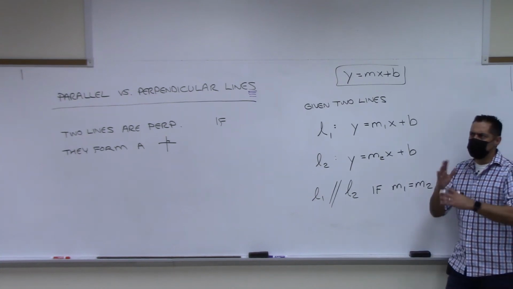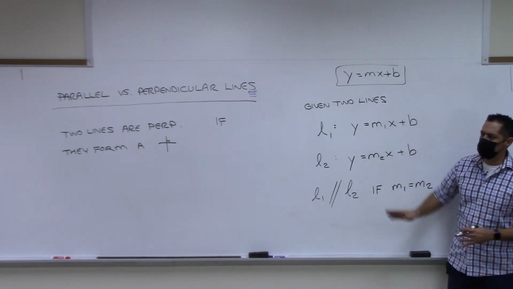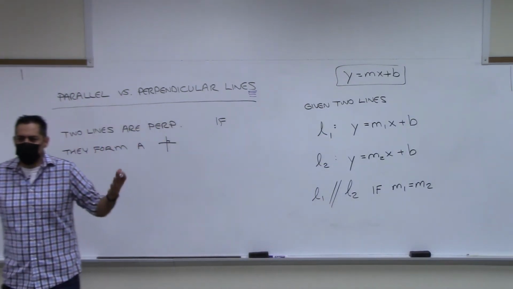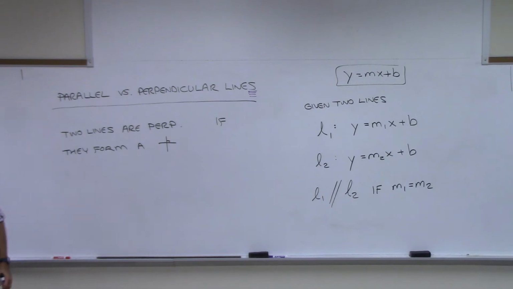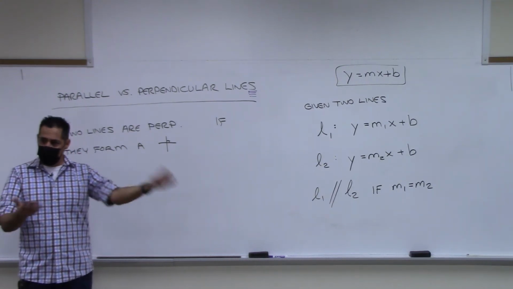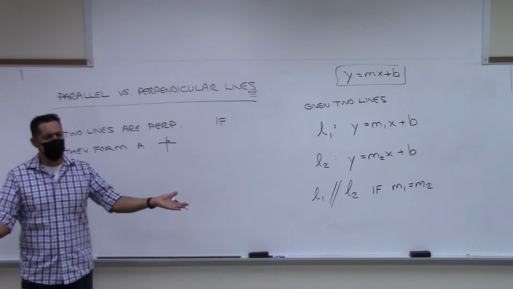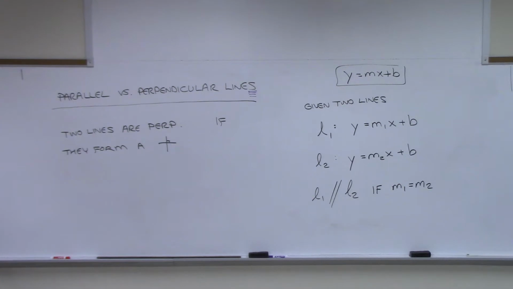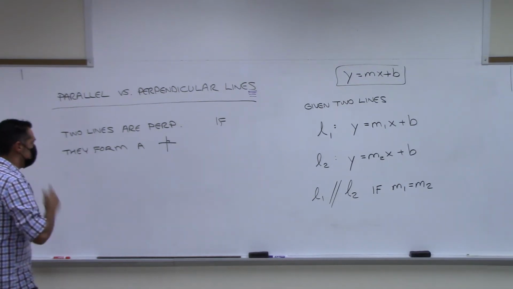But what does the relationship have to be between M1 and M2 in order for us to conclude that we've got perpendicular lines? Just take a shot at it. Opposite? That's a good guess. Like if one of them is 4, the other might be -4. That seems reasonable. It's close, but not quite. It's almost that.